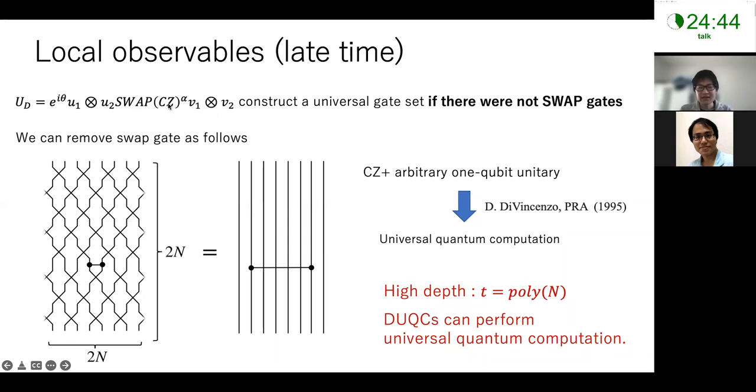And if there is no swap gate, it includes CZ gate and Hadamard gate and T gate that constitute a universal gate set. So all we have to do is to remove swap gate from this gate set. And actually we can remove swap gate as follows. Let's write CZ gate as this gate.